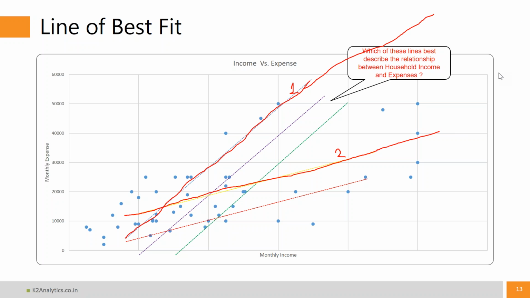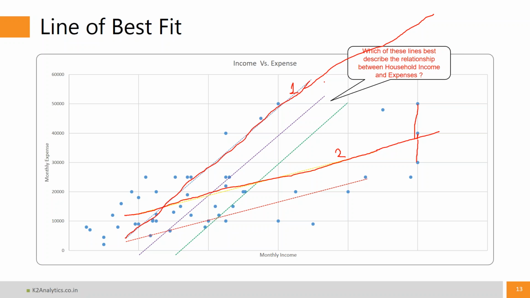As we are getting the answer, line 2 is passing through the maximum number of data points. When line 2 is going through the maximum number of data points, what you can visually see for this data point, this is the error in my estimation. For this data point, this is the error in my estimation. For this data point, this is the error.